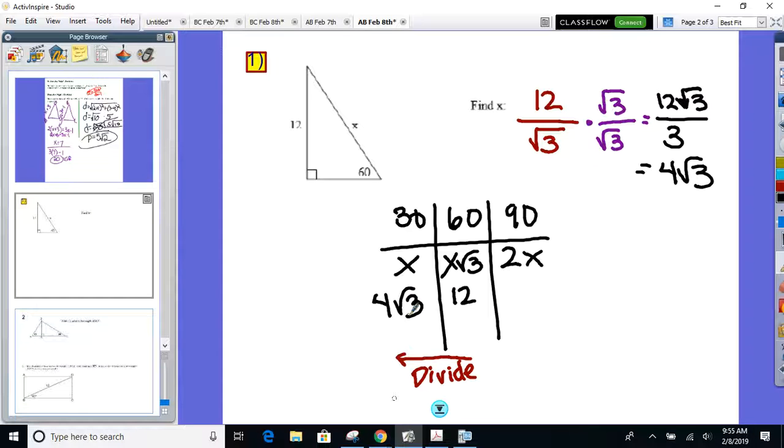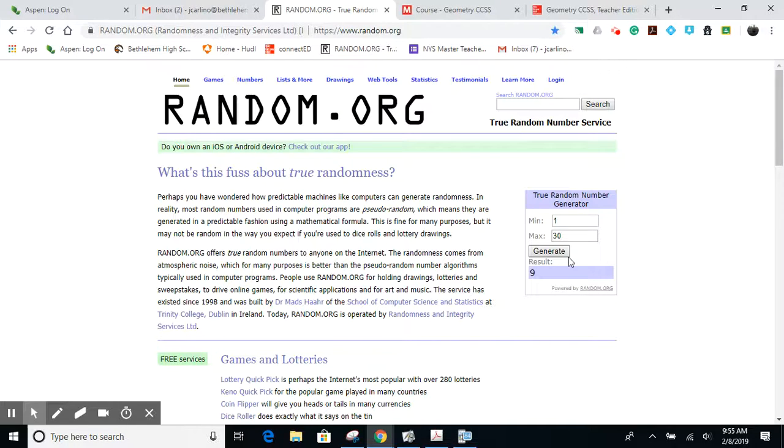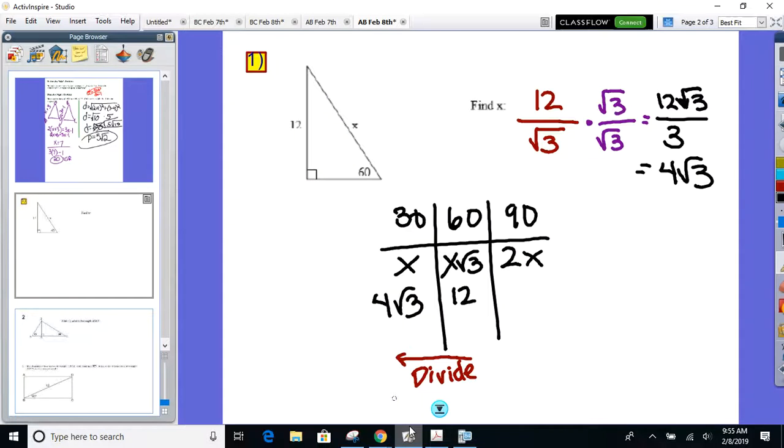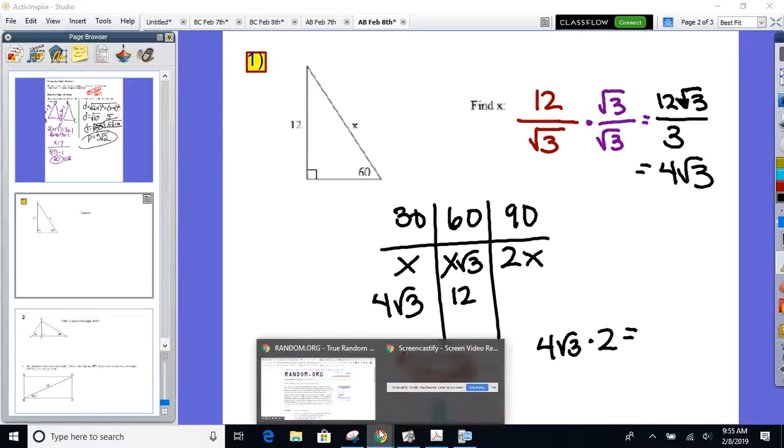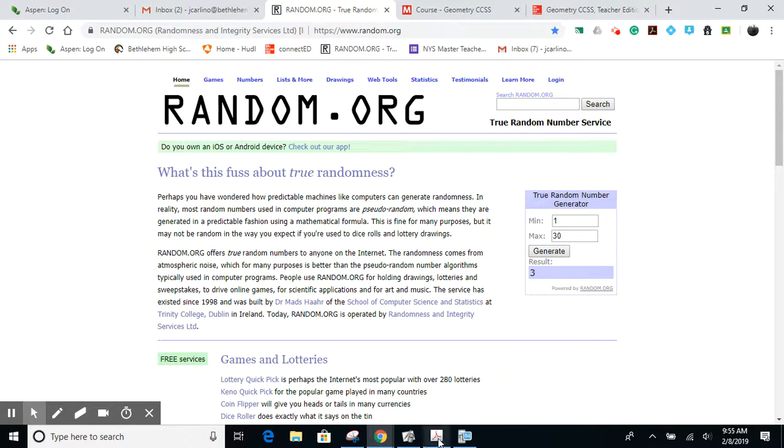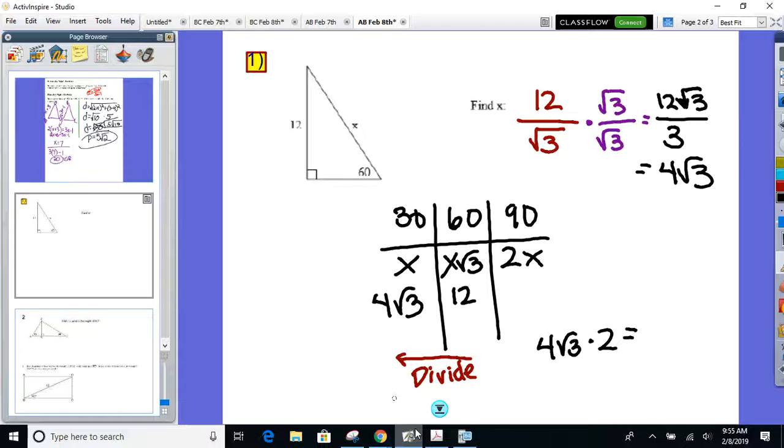What do I do to that side now to find the hypotenuse? 4 radical 3 times 2. 4 times 2, 8 radical 3.